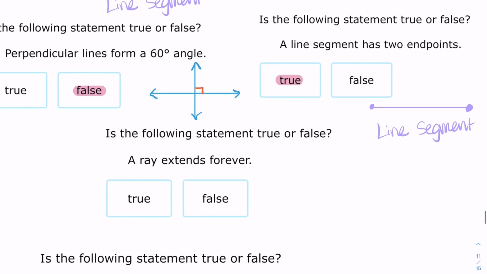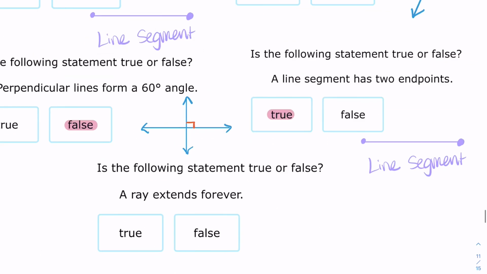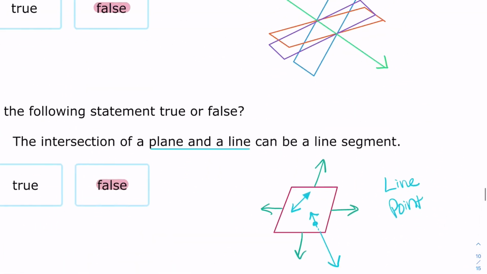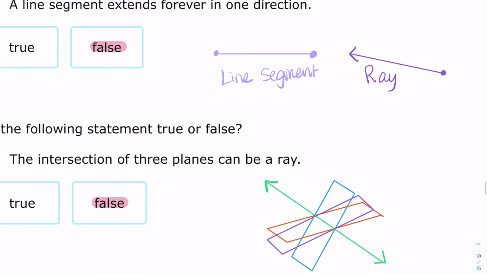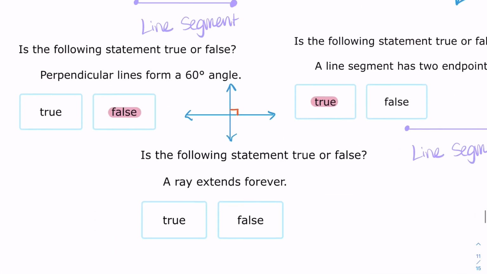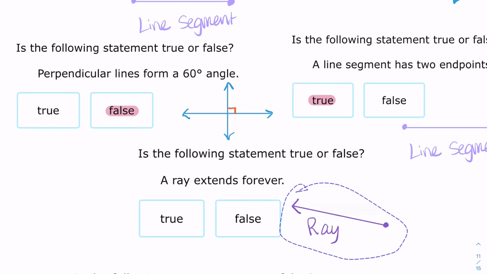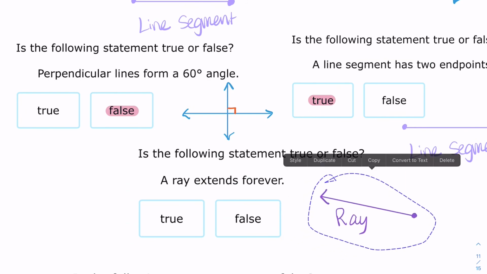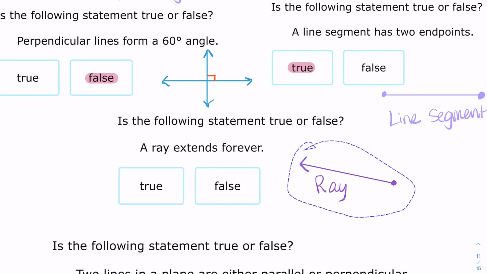All right. Is the following statement true? A ray extends forever. That is true. Where's my ray? It extends forever in one direction. This question is not specific enough. It does extend forever in one direction, but it doesn't say that.